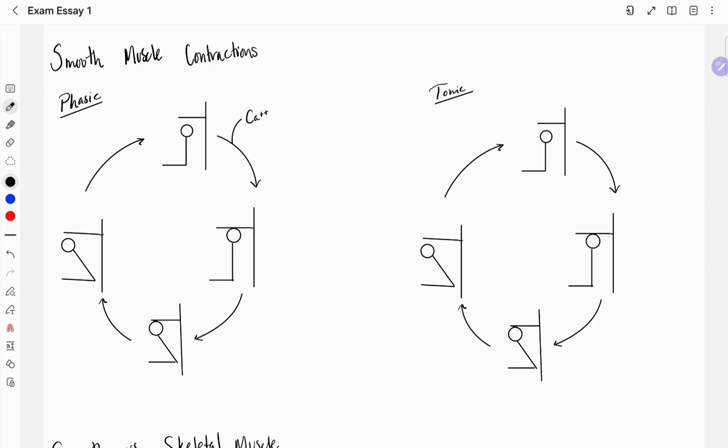And I will highlight that there is no troponin involved with smooth muscle contractions. So again, calcium is not going to interact with the troponin because there is none here.